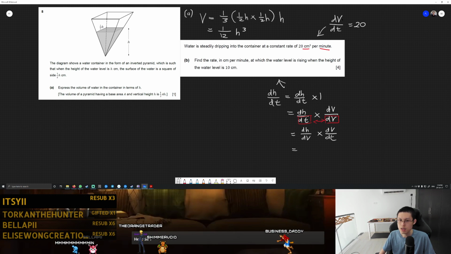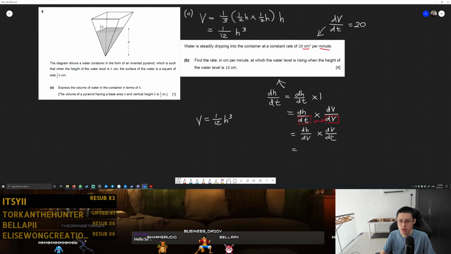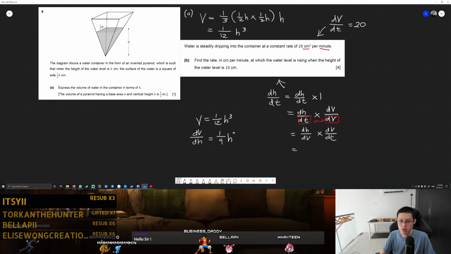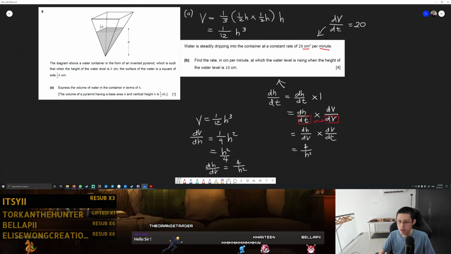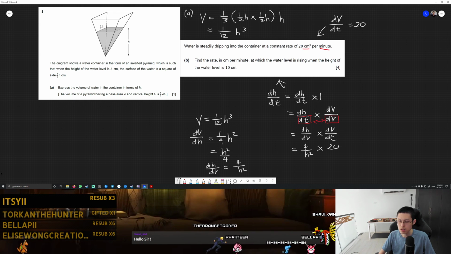So dh/dV, we don't know what that is, but we can work that out because we have V in terms of h. We know that V equals 1/12 h cubed. So dV/dh is 1/4 h squared, which is h squared over 4. Therefore dh/dV is going to be 4 over h squared because I'm just flipping it upside down. Putting that in here, we get 4 over h squared. dV/dt is given by the question to be 20, so we get 80 over h squared.